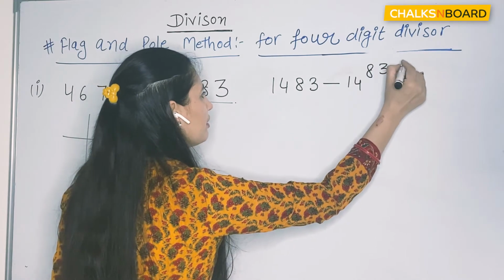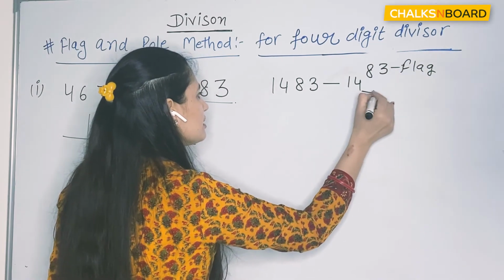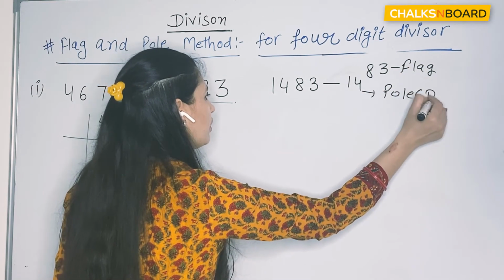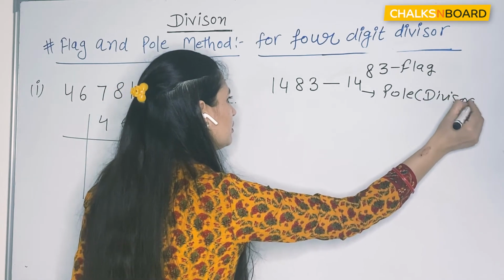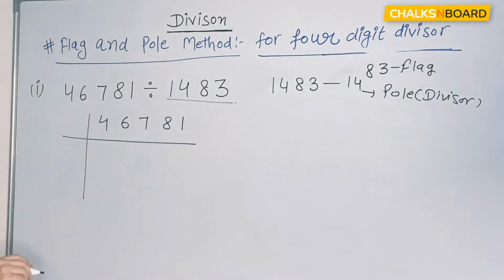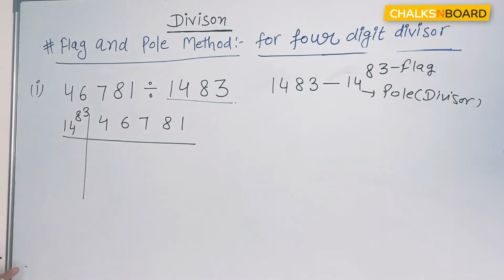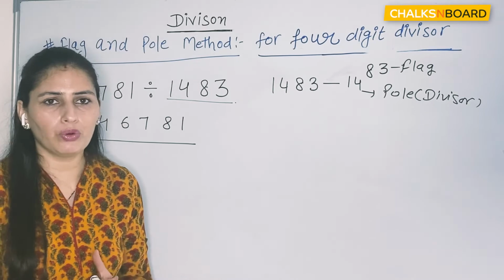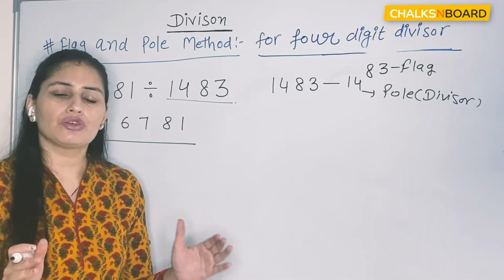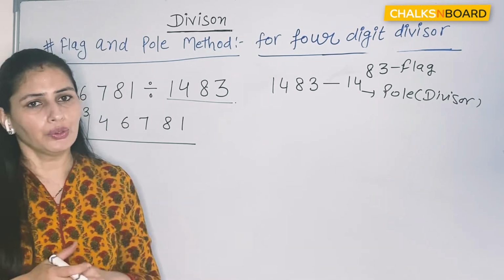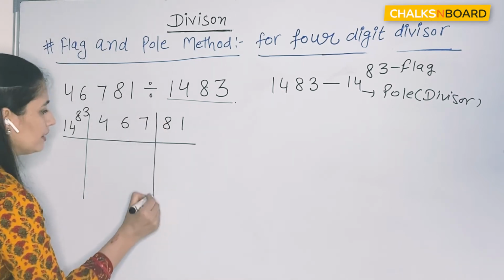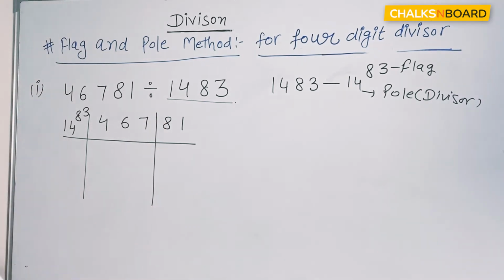That is, this is our flag and this is our pole and divisor also. So now first we can write this number like this. You can see flag and pole both are 2-digit number. So we have to split this number by 2 digit like this. Now process will be same.